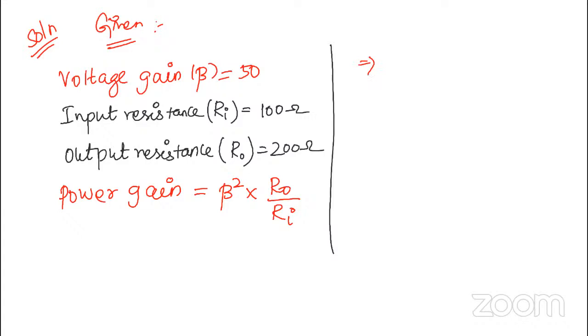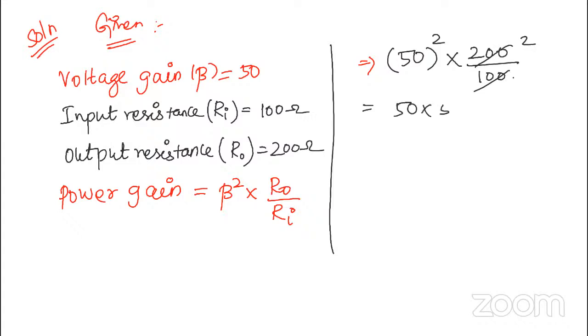So if you substitute, what is the value of beta here? It is 50. 50 the whole square. Okay. Into 200 divided by 100. So this is one time and this is two times. So here it is 50 into 50 into 2. Okay. So here 2 zeros.